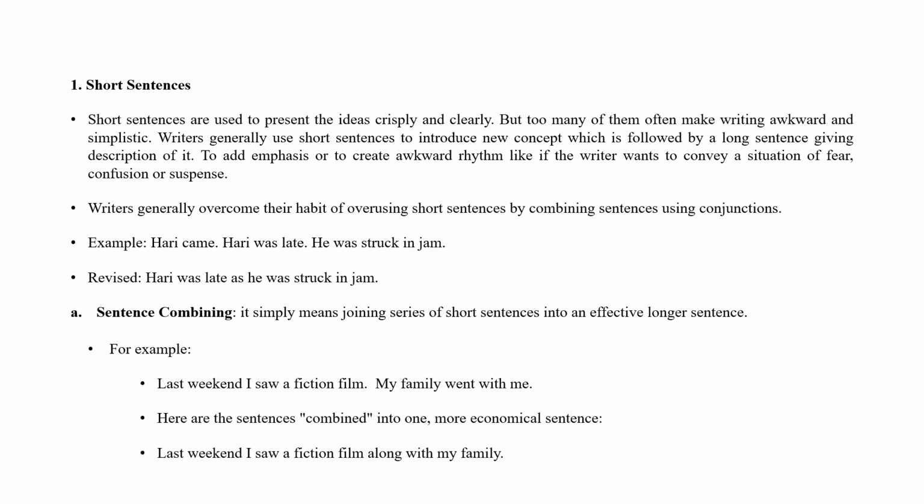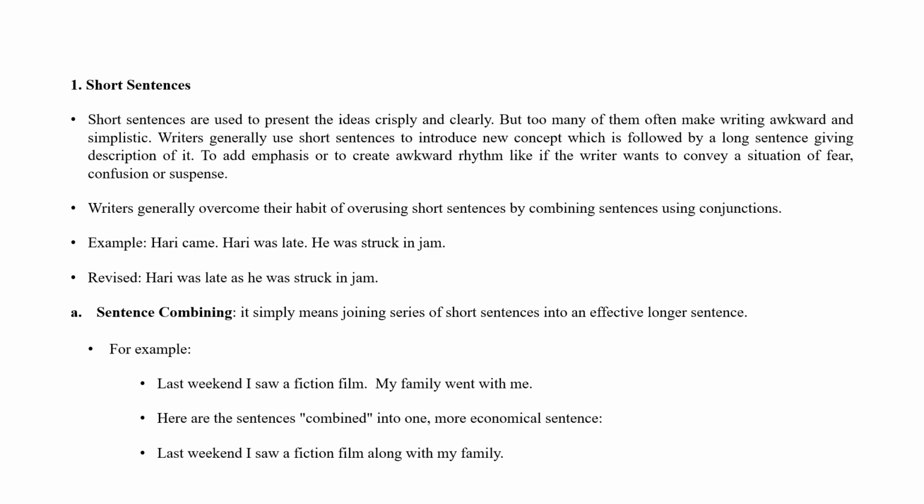Writers generally overcome their habit of overusing short sentences by combining sentences using conjunctions. For example, Hari came, Hari was late, he was stuck in a jam. Revised, Hari was late as he was stuck in a jam.